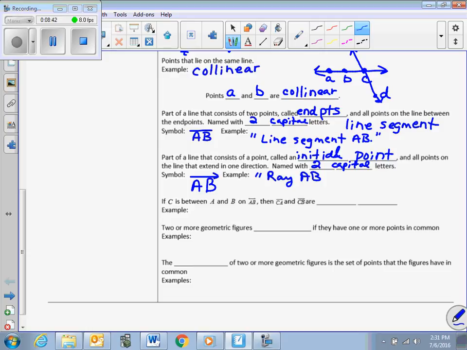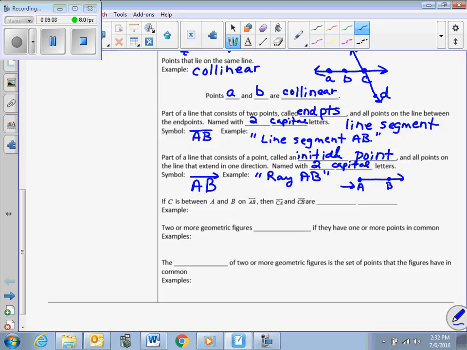And what you have to be very careful about here is, remember that the first point I name, point A, is the initial point of the ray. So here's A, and B is somewhere over here. So guys, this would not be the same thing as ray BA. There is no ray BA in this picture. This has to be called ray AB, with A being the initial point.